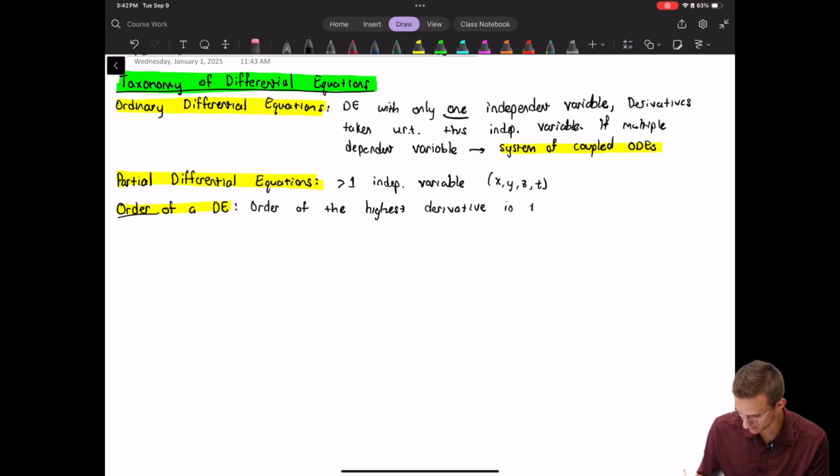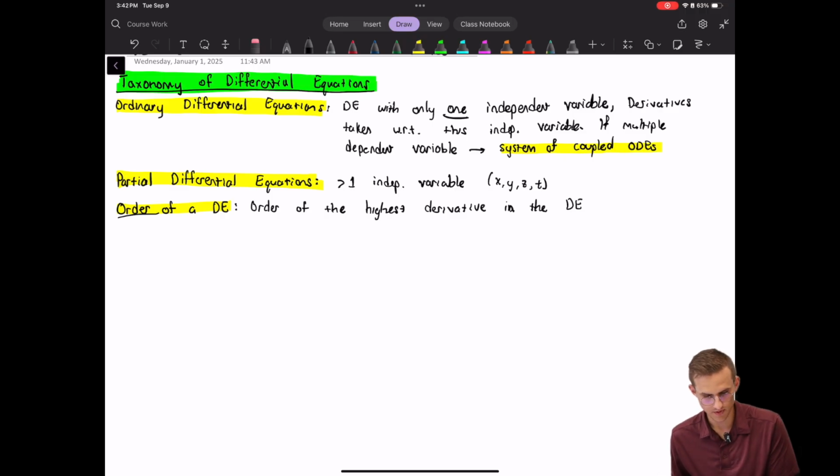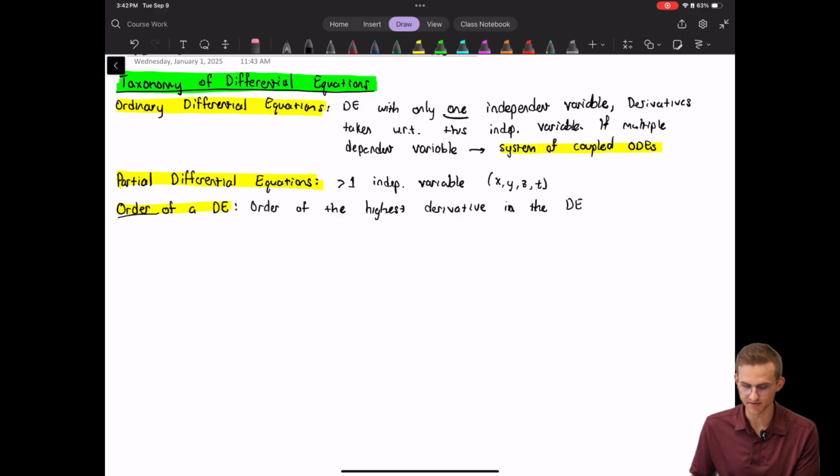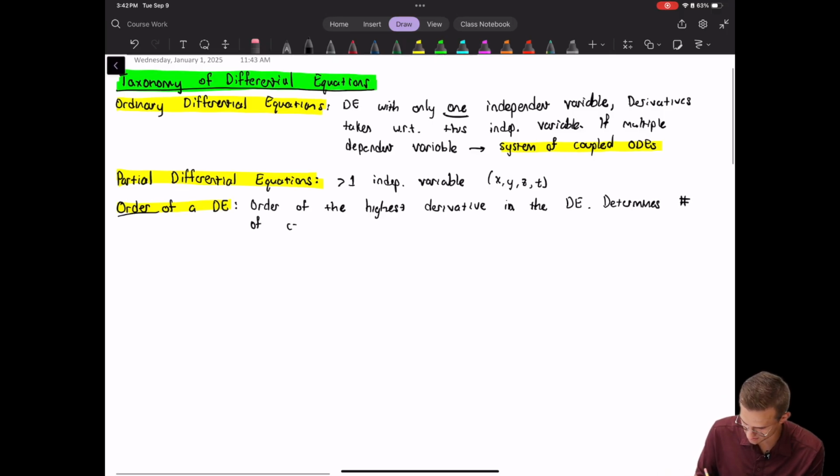This also determines the number of conditions necessary to specify a solution. Should probably note that as well. It determines the number of conditions needed to specify a solution.